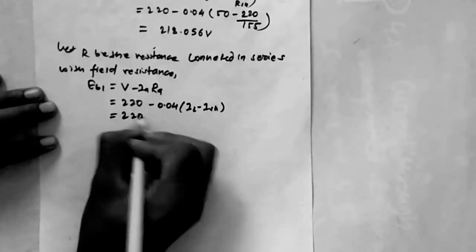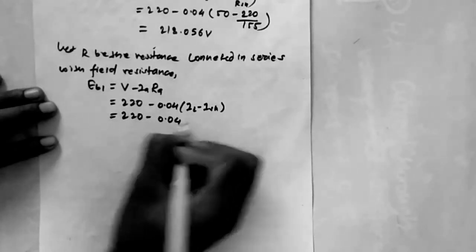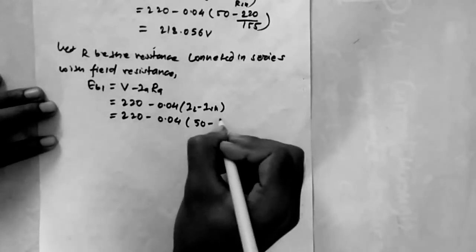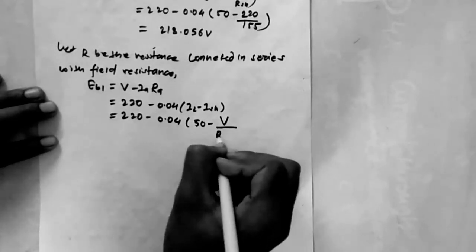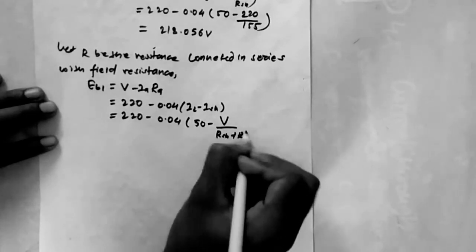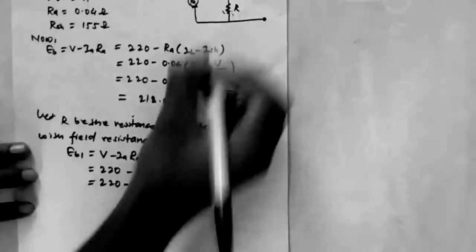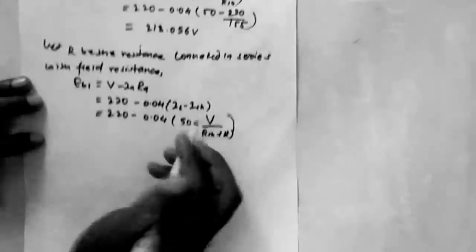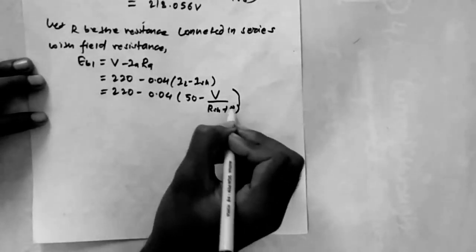So 220 minus 0.04 into (IL, which is 50 given, minus ISH), and ISH can be written as V upon RSH plus R. Since here one resistance R is connected in series with this RSH, we have V upon RSH plus R.